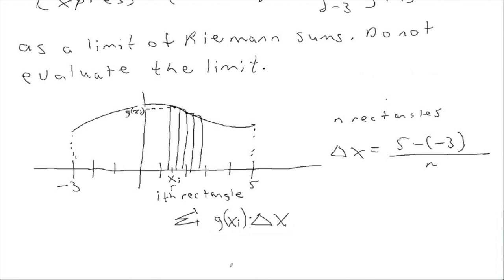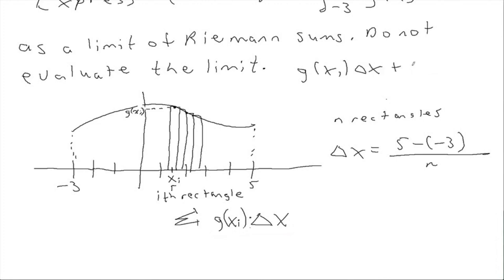Good. And then on the bottom you put x. No, never mind. I forget. So this is the expression for the ith rectangle. What would be the area of the first rectangle? It would be this, right?